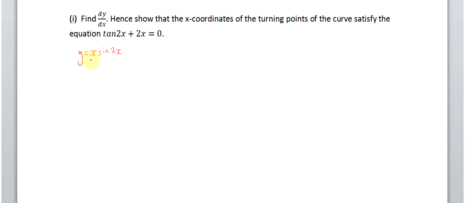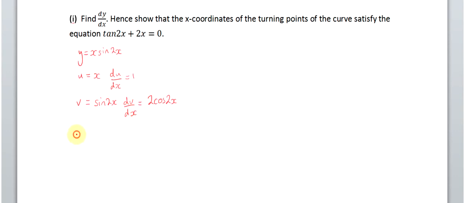This is a product, the multiplication of the x function with the sine 2x function, so we apply the product rule. u is equal to x, which means that du by dx is equal to 1. v is equal to sine 2x, which means that dv by dx is equal to 2 cos 2x. If we weren't confident, we could use the chain rule to differentiate that, but this is the sort of form you should be able to do by inspection.